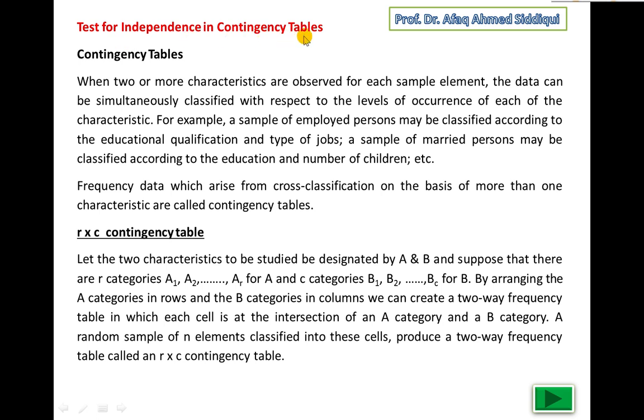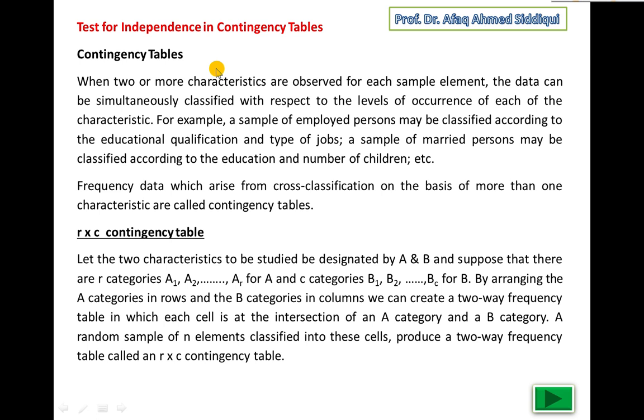So what are contingency tables? A contingency table is similar to a frequency distribution table. But what is the difference between a frequency distribution table and a contingency table? You know that in a frequency distribution table we represent the collected data in the form of a table with the help of frequencies according to groups or classification.